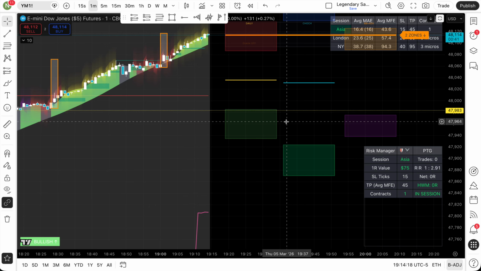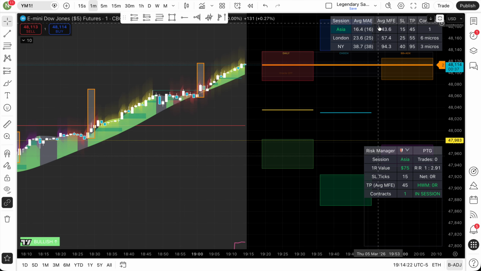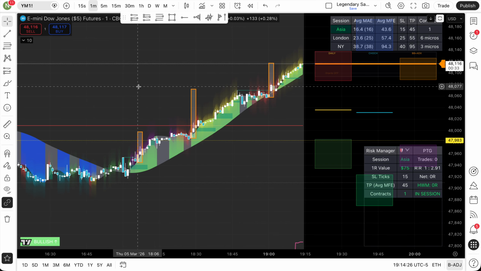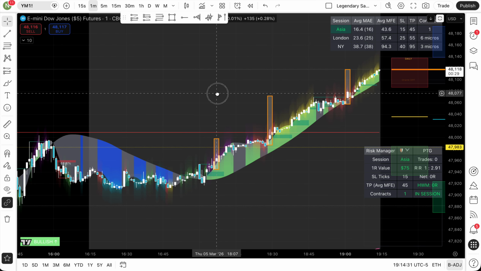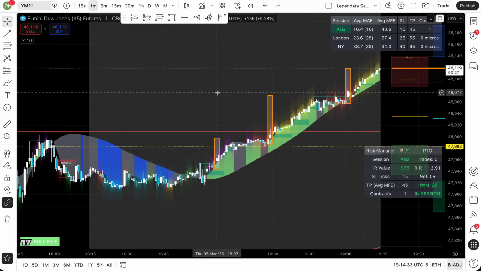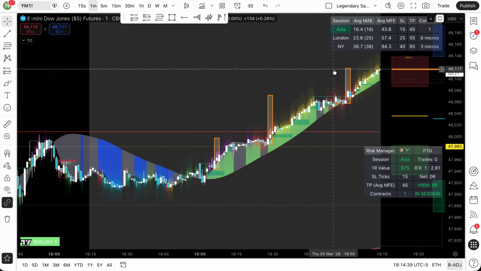So that is how we are determining the adverse excursion and the favorable excursion. You could try and calculate all this manually, but you'd have to go back and look at the last 100 market structures that occurred in the Asian session, the London session, the New York session, and do all that math yourself.